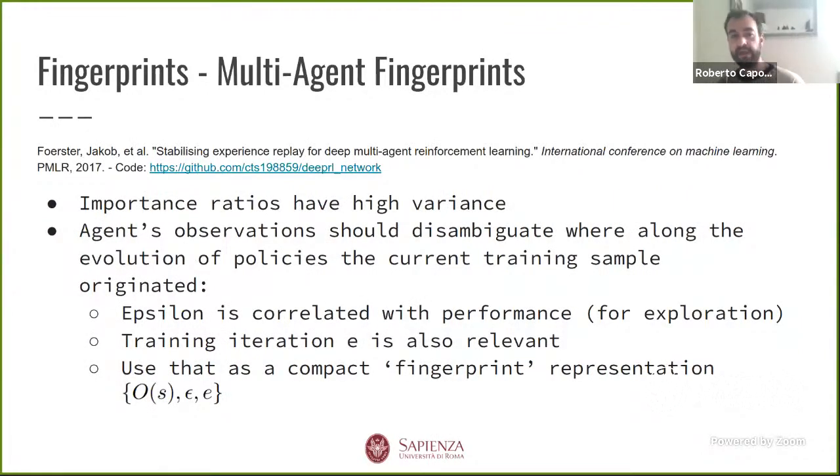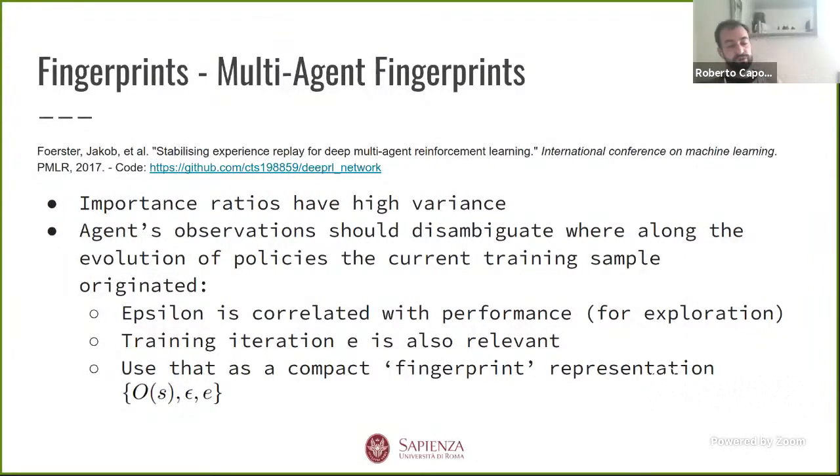So the other idea that they got was, okay, what if instead of doing this, we allow the agent itself to disambiguate between new and old data? And in order to do that, what are the typical things that you would think of? You can use the iteration of training. This is telling us how far we are in training, so how much the environment has changed. And also the epsilon of the epsilon greedy, which is used typically for exploration.